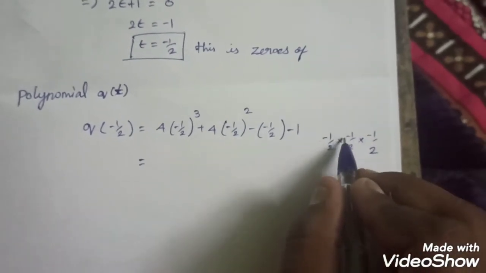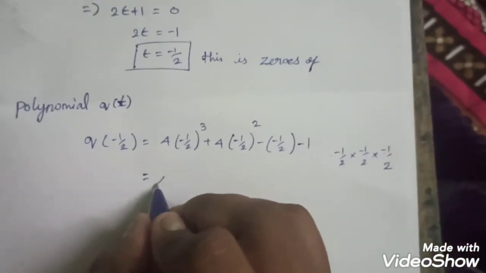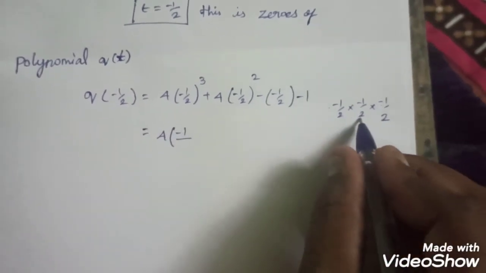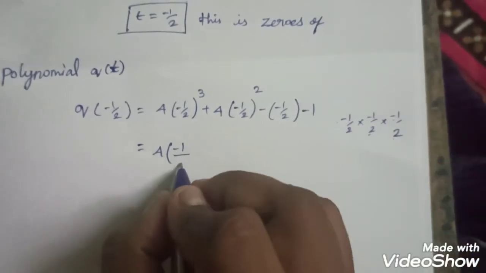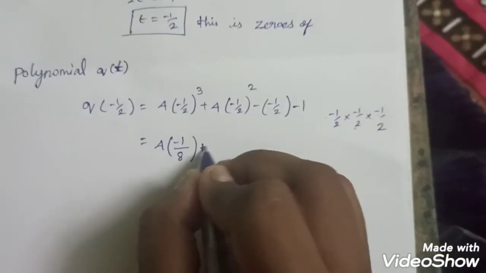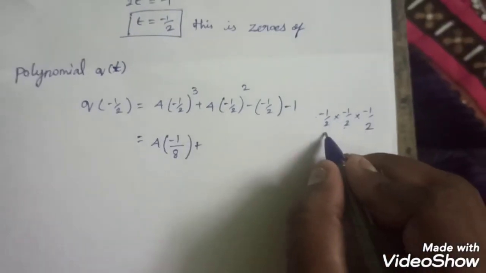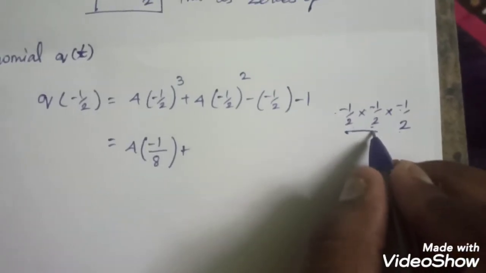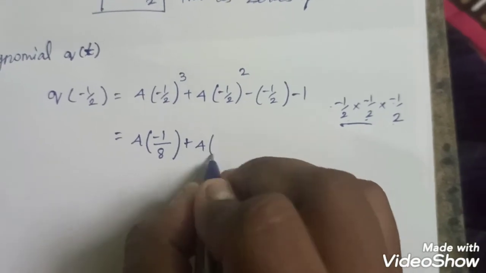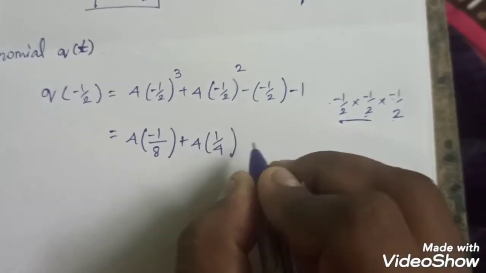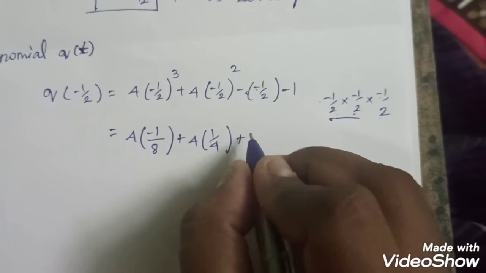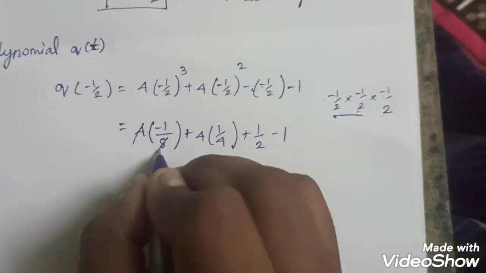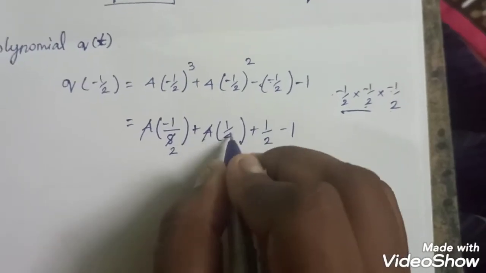Minus into minus is plus, plus into minus is minus. So 4 into minus 1 by 8, 2 2s are 4, 4 2s are 8. Minus 1 by 2 plus, here we take only 2 times, minus into minus plus 1. 2 2s are 4. So 4 into 1 by 4, plus 1 by 2 minus 1. 1 4 is 4, 2 4s are 8.